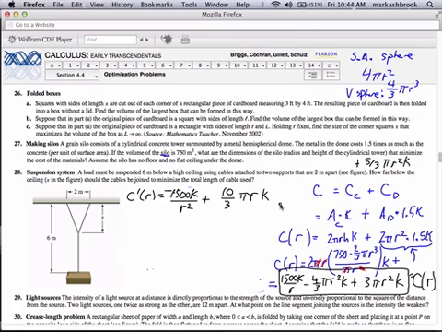Everybody good? All right, so to find potential location of minimum, we're going to set this equal to 0. And so we can bring this over to the other side and cross multiply, right? So we're going to add this to both sides, cross multiply. And I think, can I do this all at once? Or just multiply by r squared.